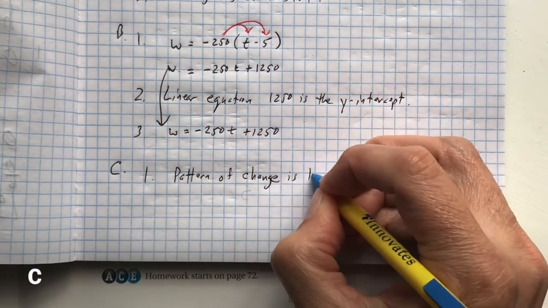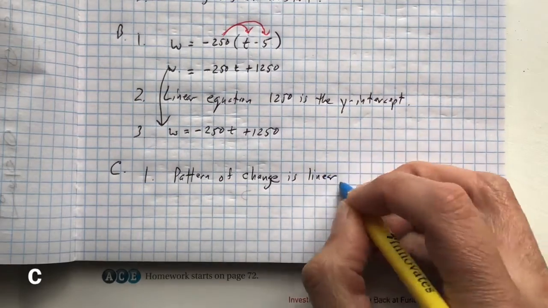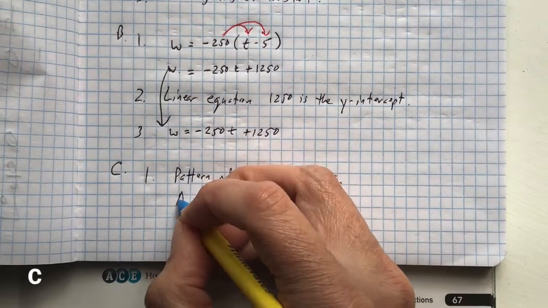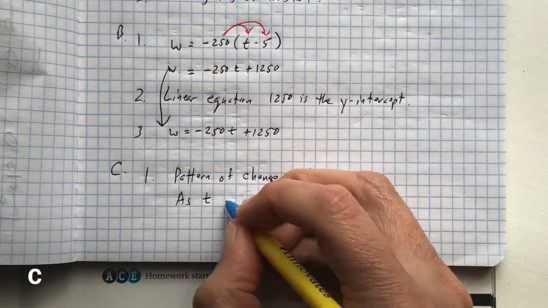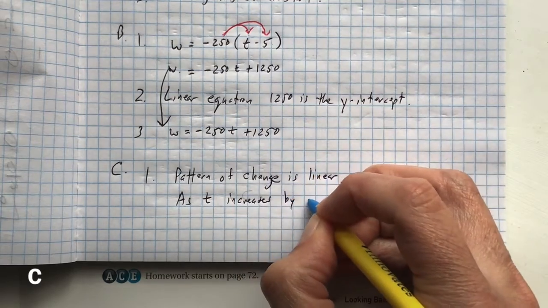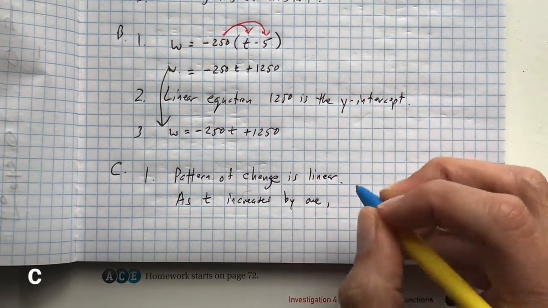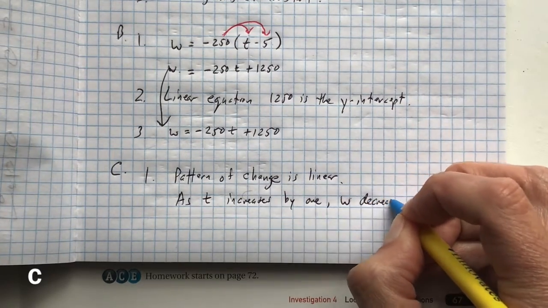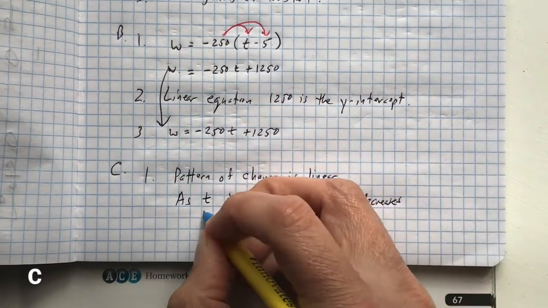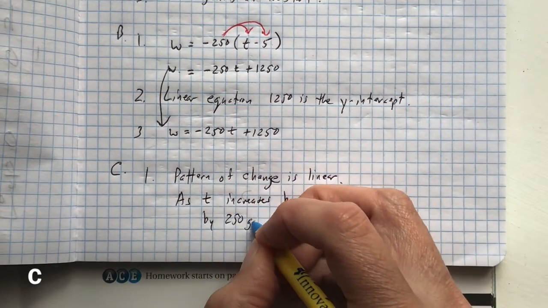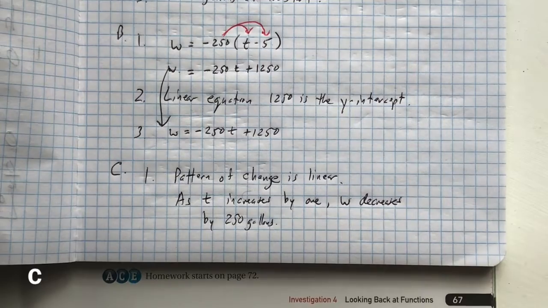And basically what that means is, as T increases by 1, W decreases by 250 gallons. That's what they're asking us to do for that one.